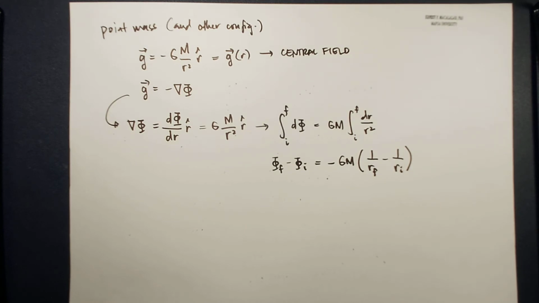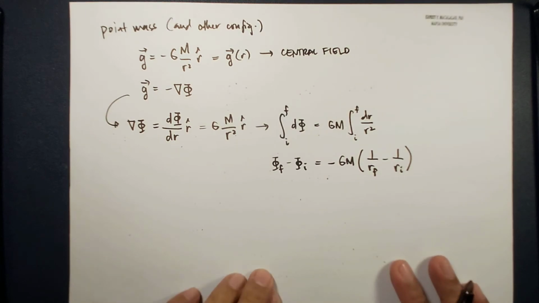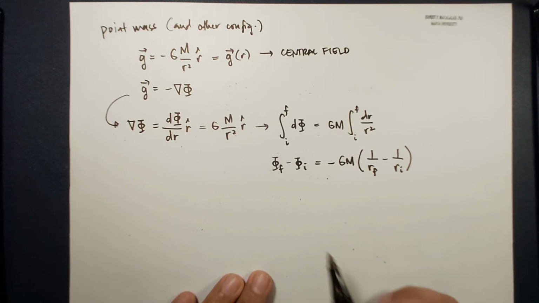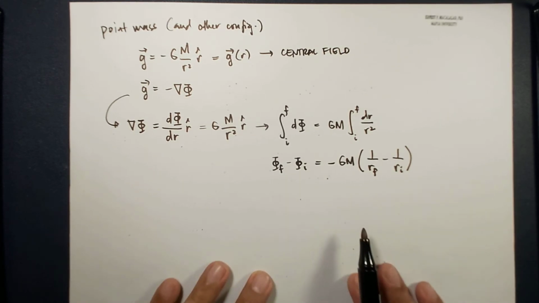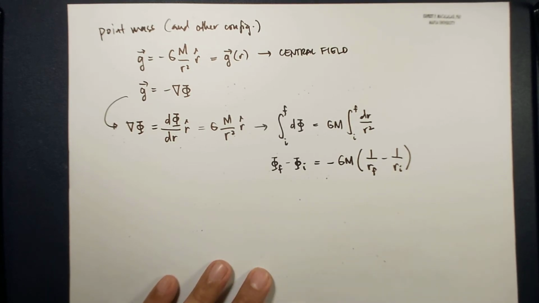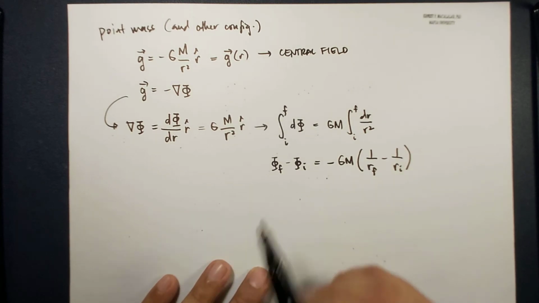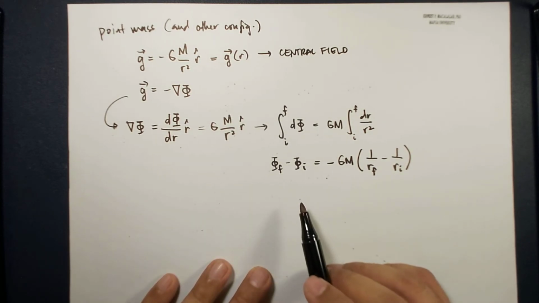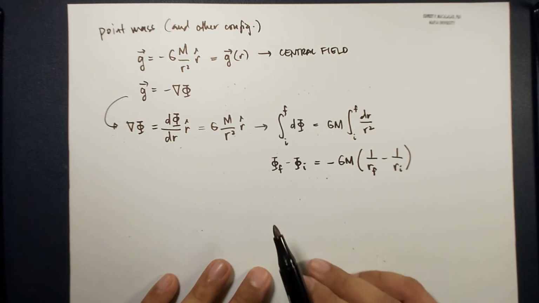Here we can see that calculating the potential at certain points requires us to know the potential at another point, which can be practically anywhere. Hence, we can have infinitely many possible values of phi. So this tells us that getting the potential at a certain point is basically meaningless.